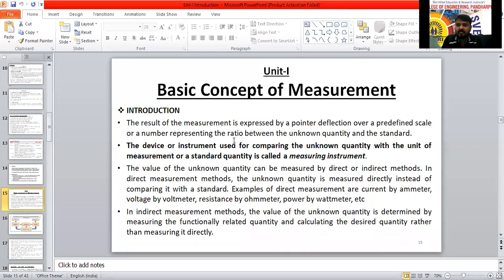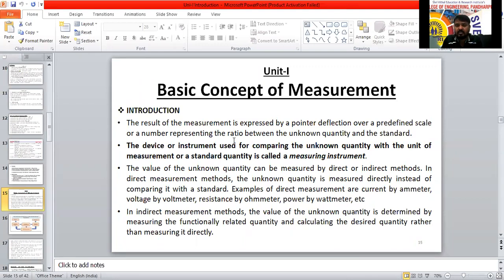For every minute 60 seconds are there, for every hour 60 minutes are there. That is already a standard, it is fixed, and we compare with the standard. Our watch, whatever time it is showing, we compare with the standard. We have standard values from standard laboratories, international units and so on.